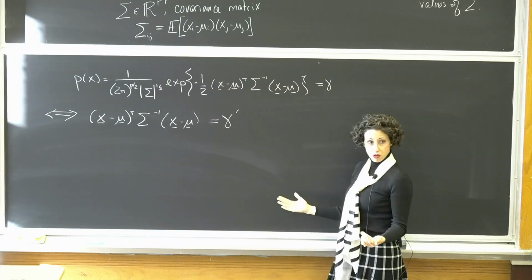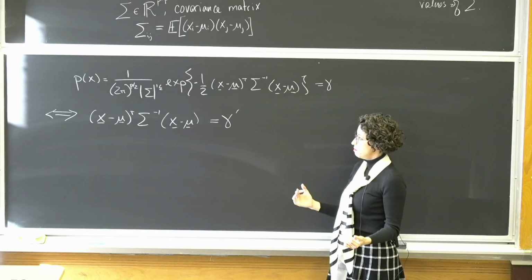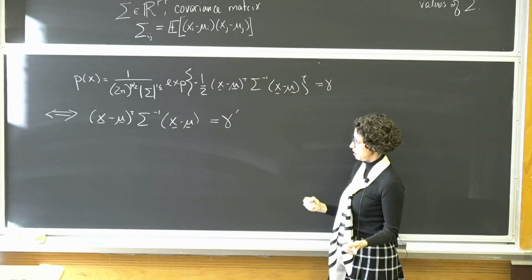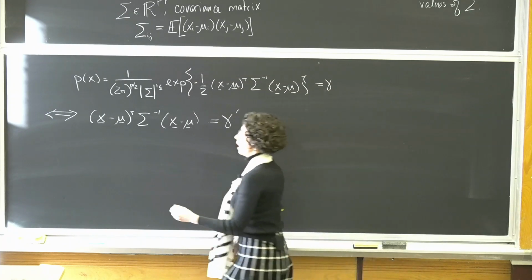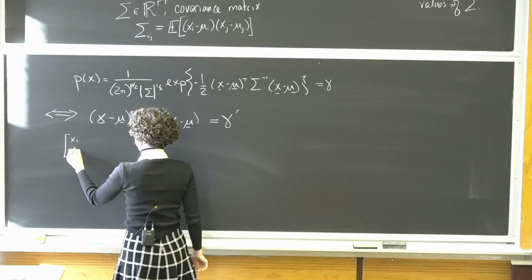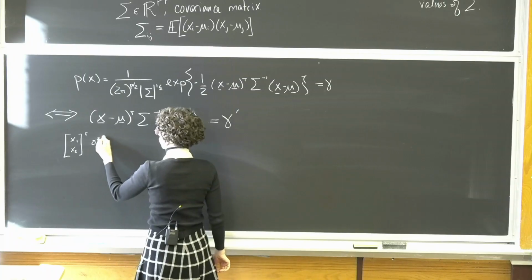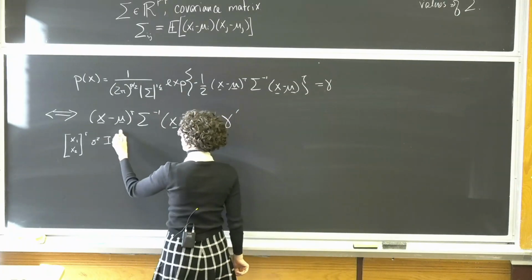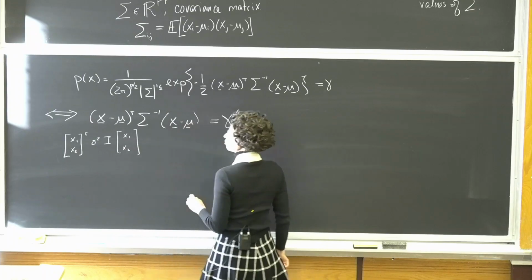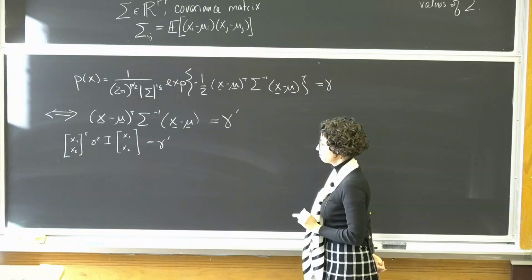Mu is equal to 0 in our example, and the sigma matrix is equal to a scalar sigma squared times the identity. So what we have in this expression is x1, x2 transpose times sigma squared identity times x1, x2. And we're interested in all the x's where this is equal to a constant gamma prime.